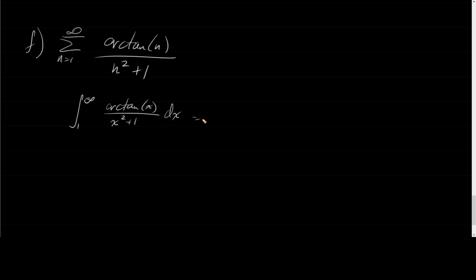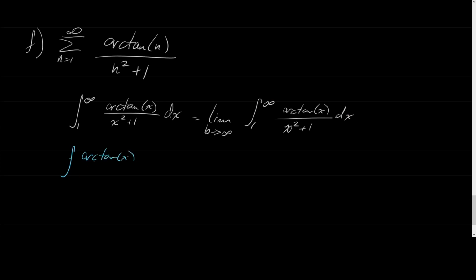And in here, we'll need the limit as b goes to infinity of the integral from 1 to b of arctan of x over x squared plus 1 dx. And let's look at just that integral itself without the bounds: the integral of arctan of x over x squared plus 1 dx. And how do we do this integral? Well, we let the numerator arctan be our u.